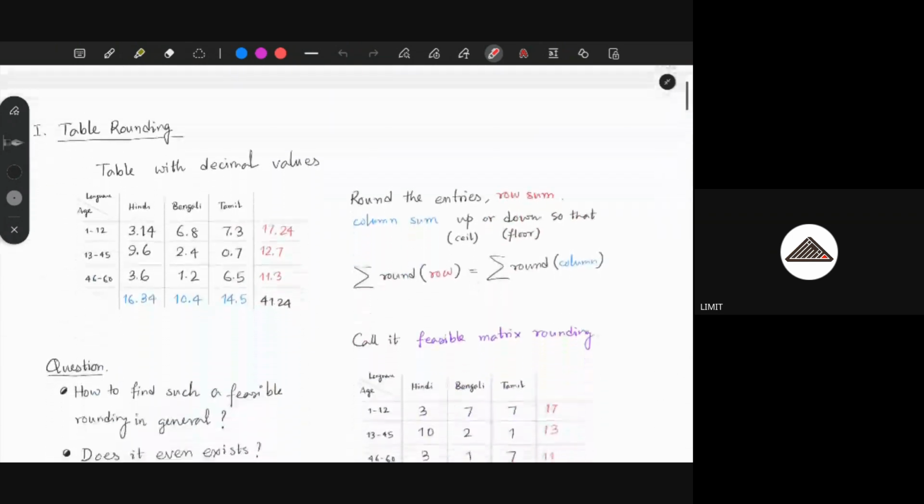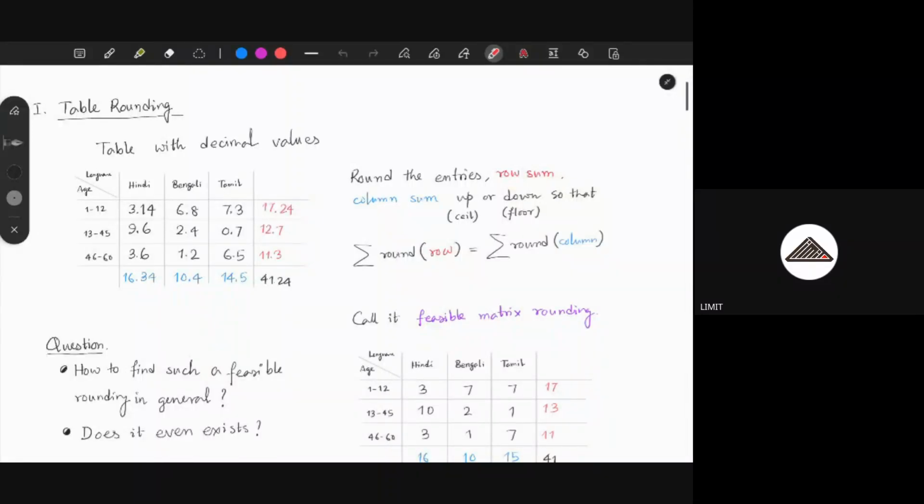So let's start with the table rounding example, probably the most simple one. I can motivate you from this. Suppose we have census data from, say, 2011. Although these values are not exact, I have taken them from somewhere, so don't believe in these values.